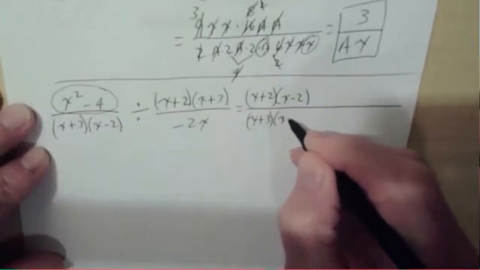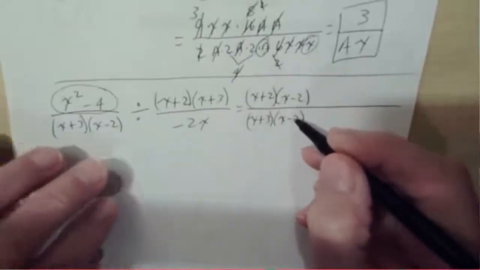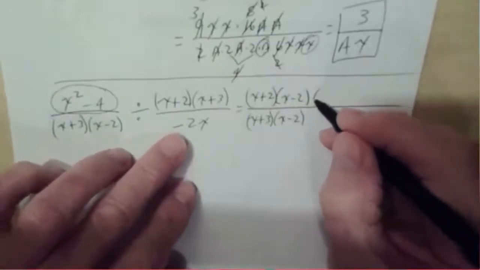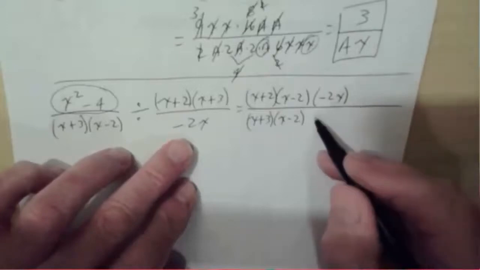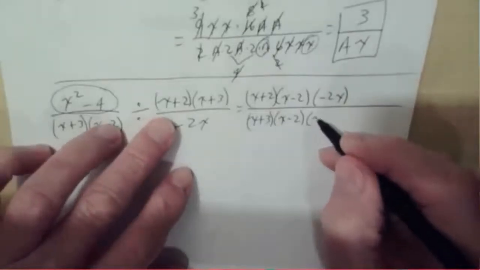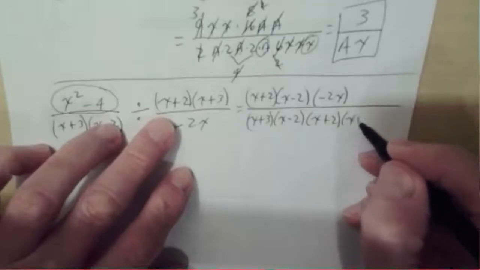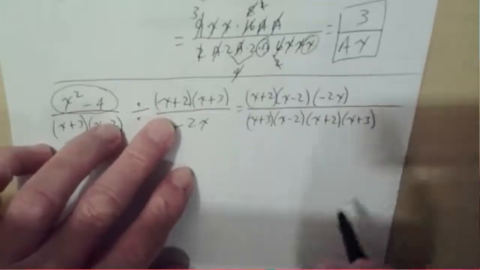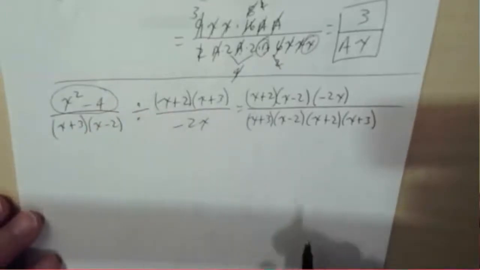You can see we're going to be able to reduce those. Times a negative 2x. And then our x plus 2 and x plus 3 go down there. We're multiplying by the reciprocal. Well, I tell you, if this doesn't make your head throb, nothing will.